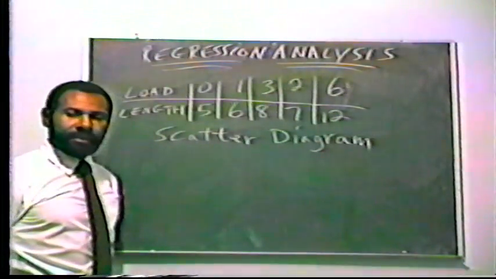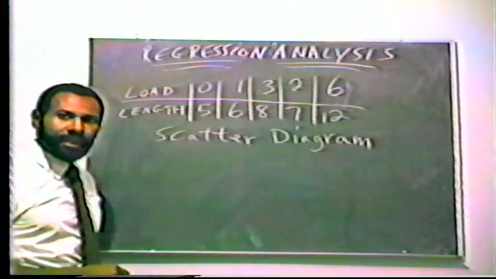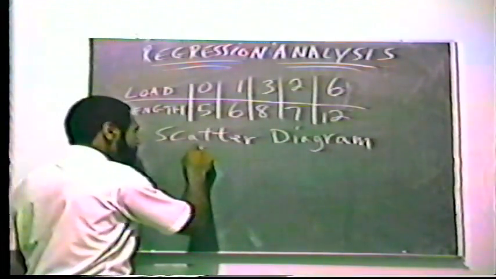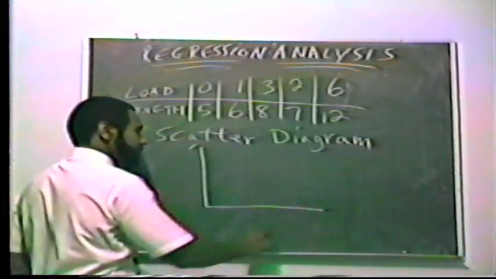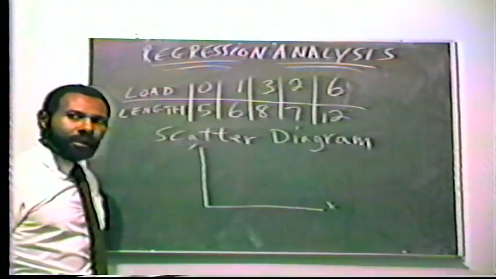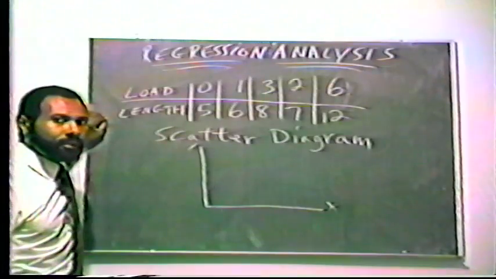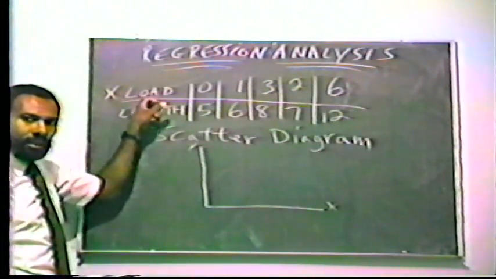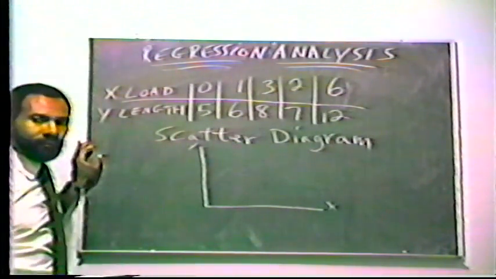To construct a scatter diagram for this data set, we simply draw two sets of axes. A vertical axis, which of course we call y, and a horizontal axis, which we call x. Recall that in all the problems that we do in this class, we'll let x be the first variable, so x is the load in this case, and we'll let y be the second variable.